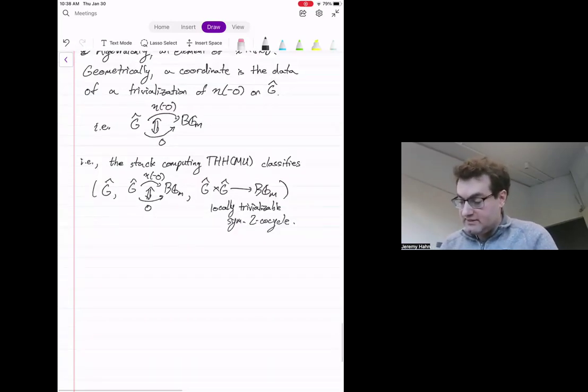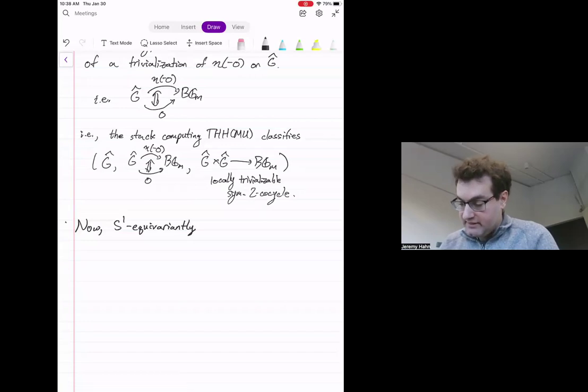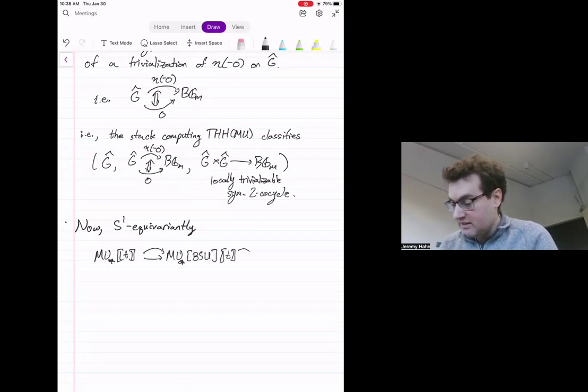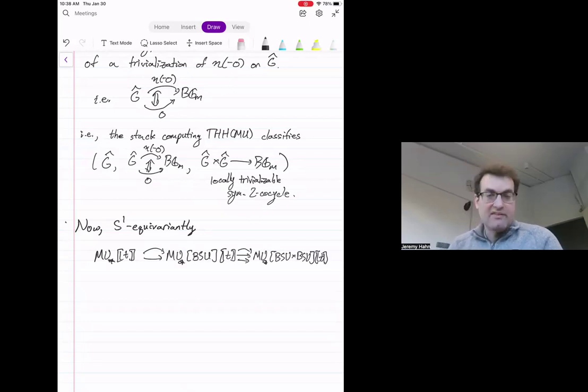So what about S1 equivariant? We're going to have now MU star adjoin T. And here we'll have MU star PSU adjoin T. And then MU star PSU cross PSU adjoin T. So what am I doing here?